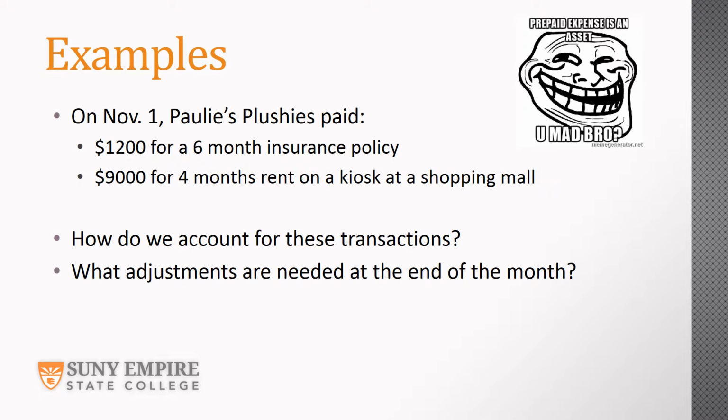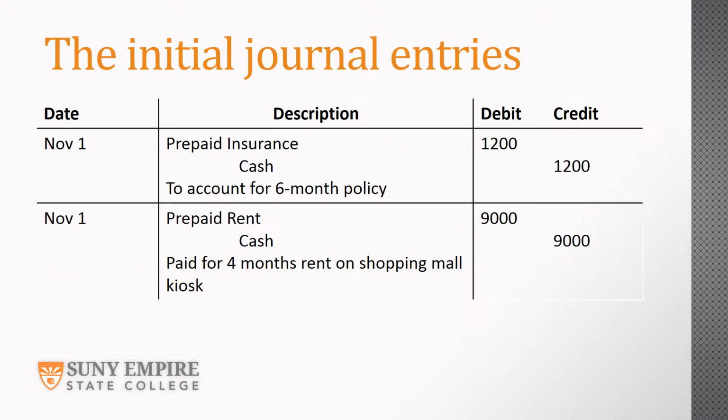On November 1st, Polly's Plushies leased a kiosk at a local shopping mall, paying 4 months worth of rent up front for $9,000. How do we enter the original transactions into the general journal? What adjusting entries are needed at the end of November?